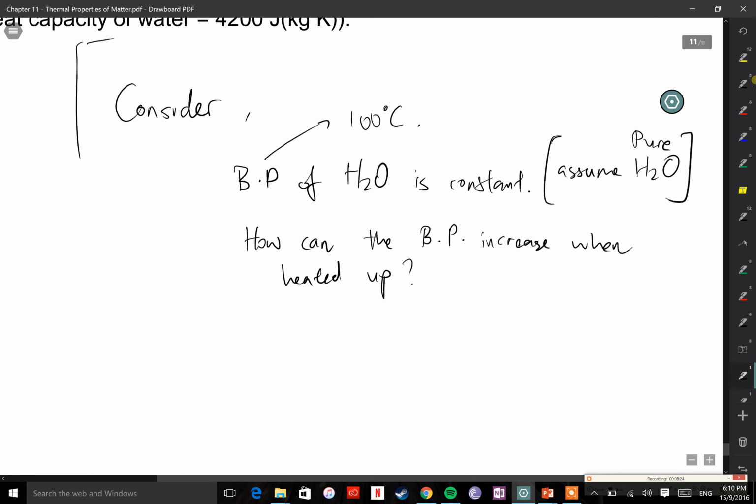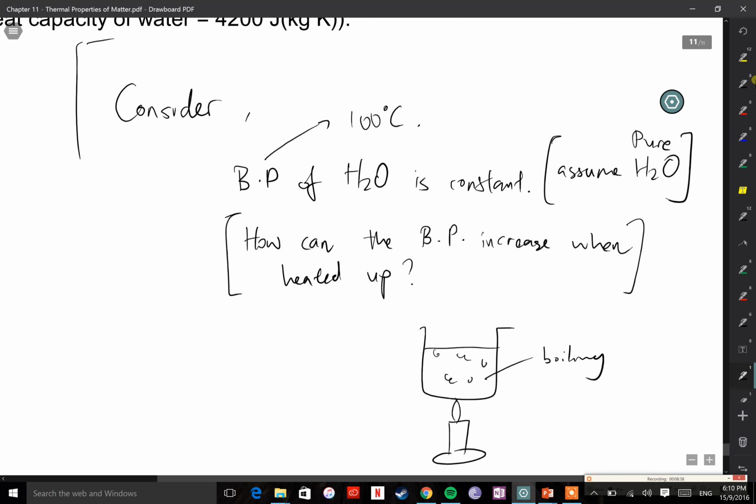So think about this. Basically I'm asking you, I have this water that is undergoing boiling. When I put a fire under it, and I have a thermometer, how is it possible that this thermometer actually reaches 102? And this must be pure H2O.